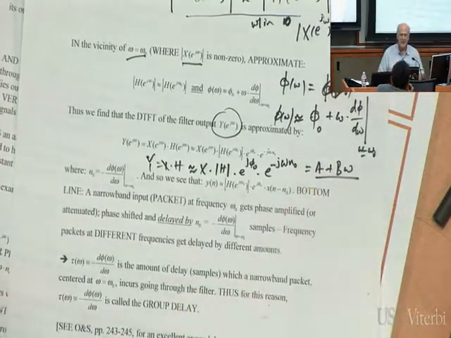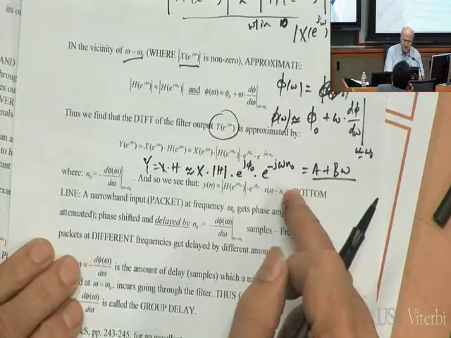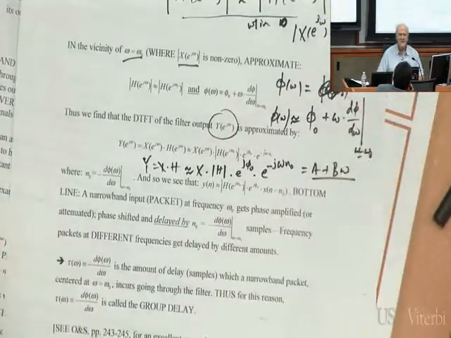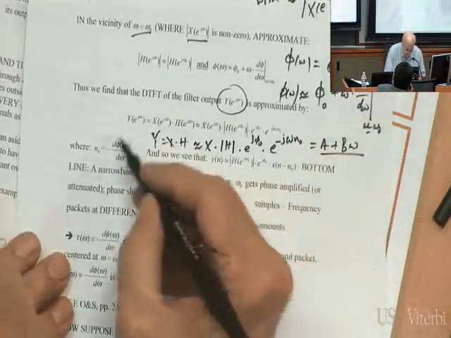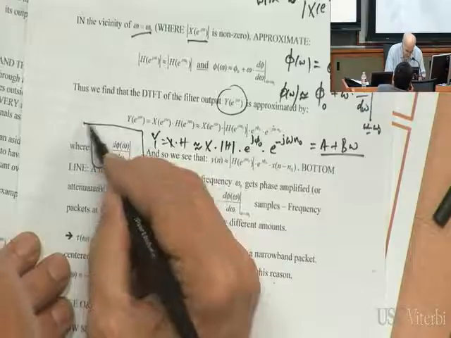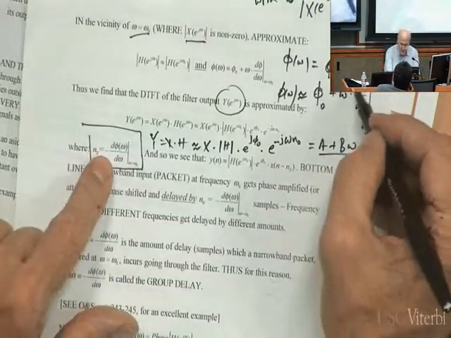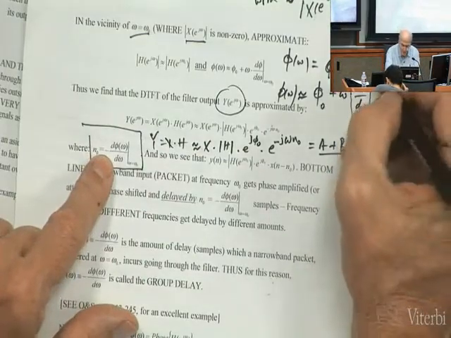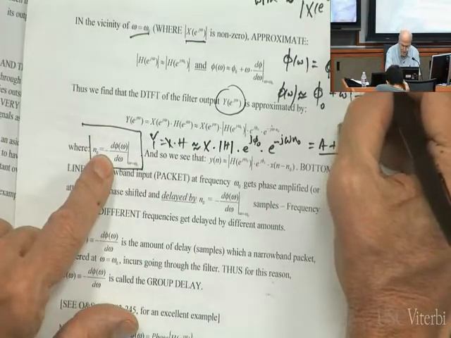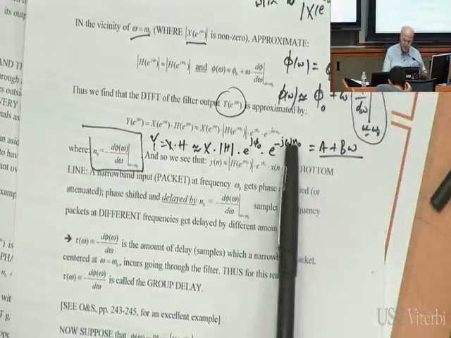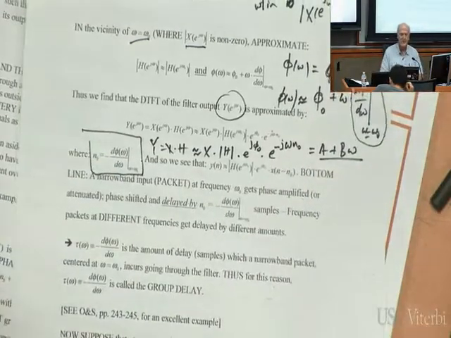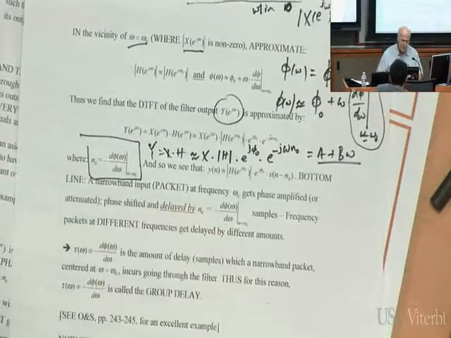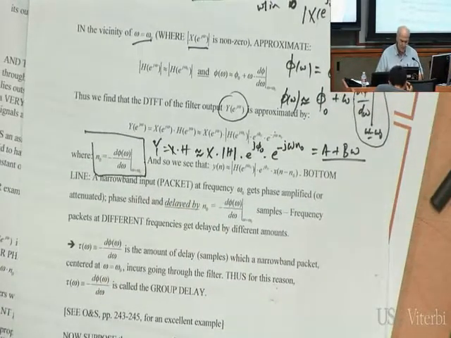Why did I write it as minus j? Isn't it e to the plus j omega times this constant? Well, I've defined n naught to be the negative of that constant. I've just defined n naught to be minus d phi d omega at omega equal omega naught.